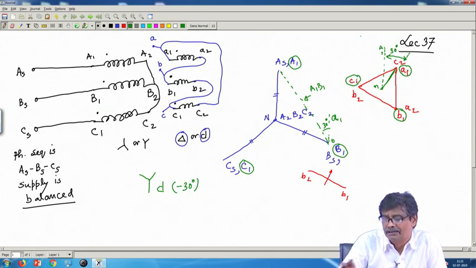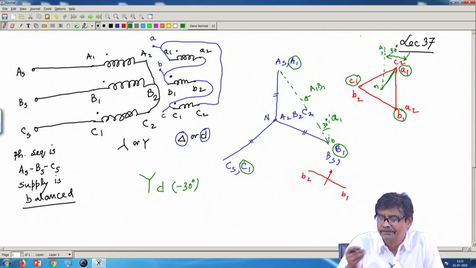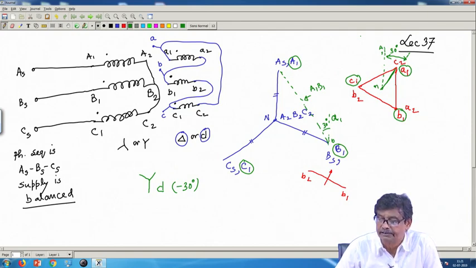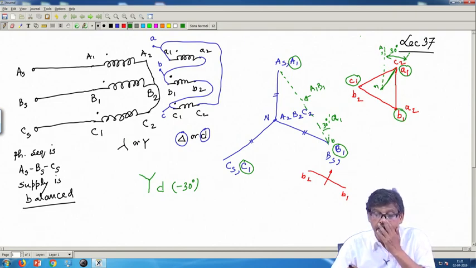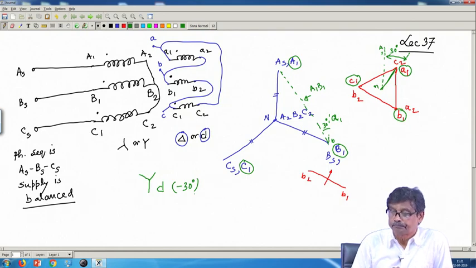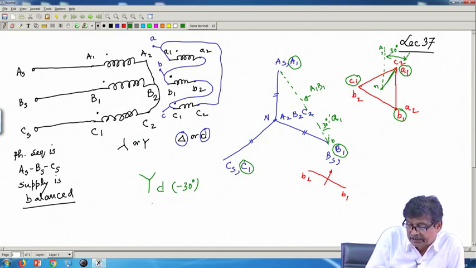It will be true, as you can see, for BC and CA as well. So, examine only the lag or lead with respect to a particular set of line to line voltage. That is the thing I wanted to tell. So, this is the connection then YD minus 30 degree. Achha, now sometimes this vector grouping, this is the vector group. Okay.